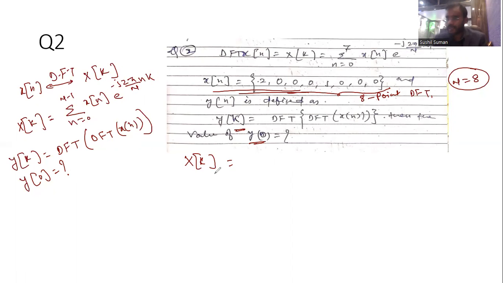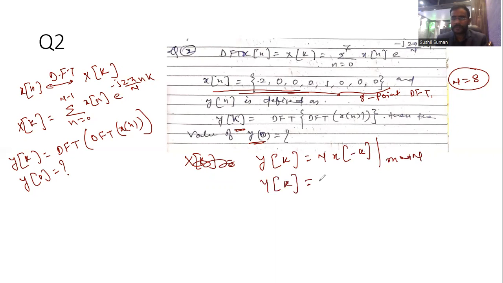So first of all, y of k is N times x of minus k mod N. So y of k becomes N times x of N minus k, which becomes 8 times x of N minus k.